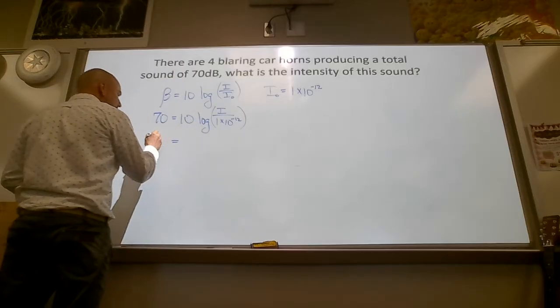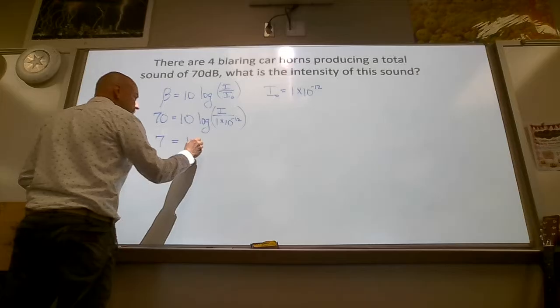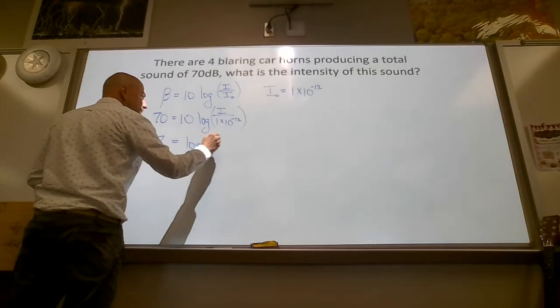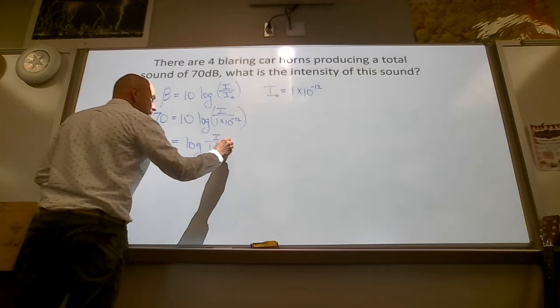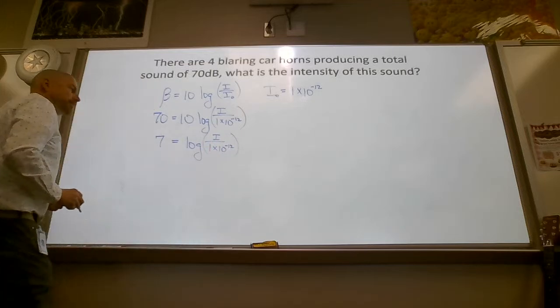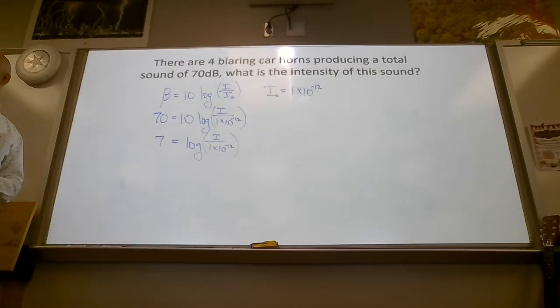So bringing that over. To get log to the other side, you can either apply what you've learned in math class, or you can use your calculator. You've got a log button.